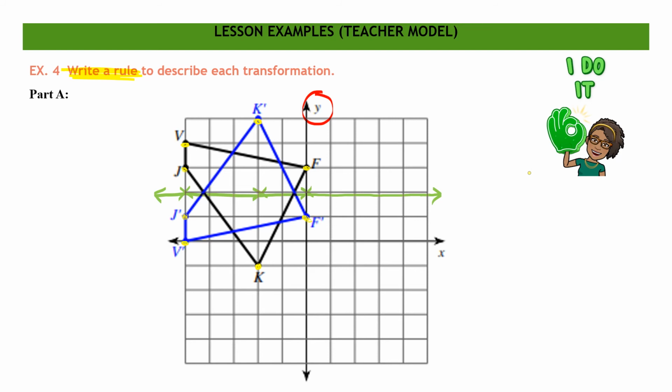This point that is being intersected is point (0, 2). So if my line intersects at (0, 2) along the y-axis, that means my reflection line is at y equals 2.